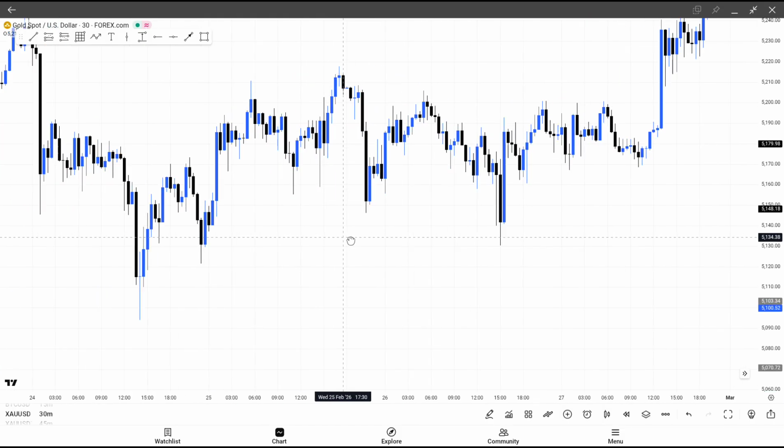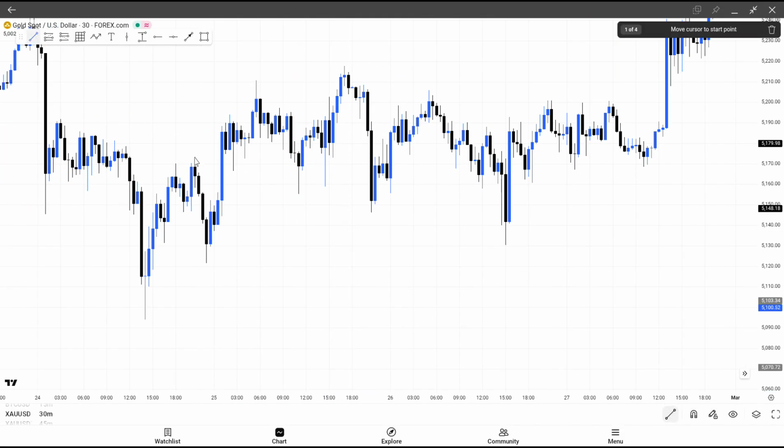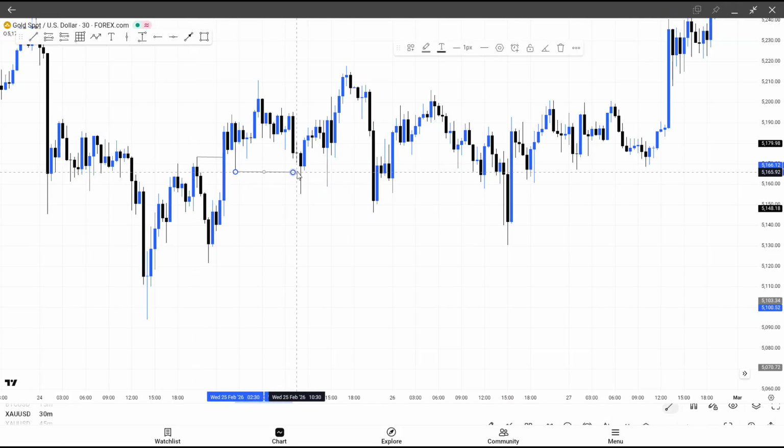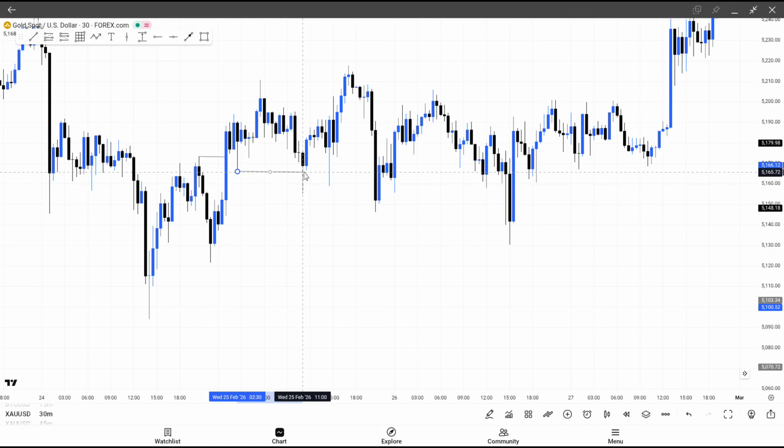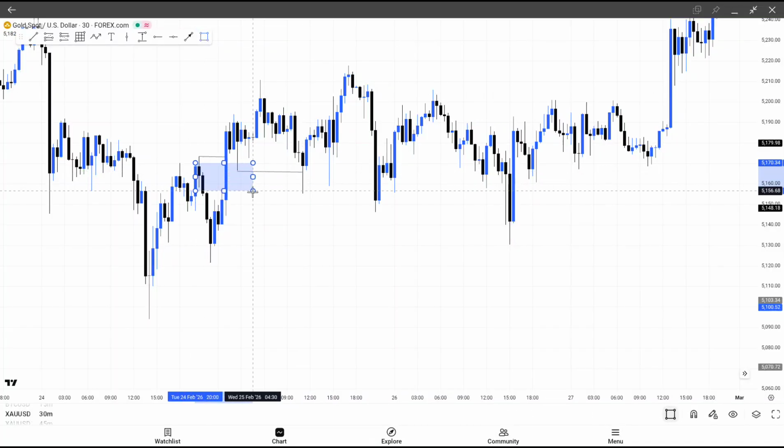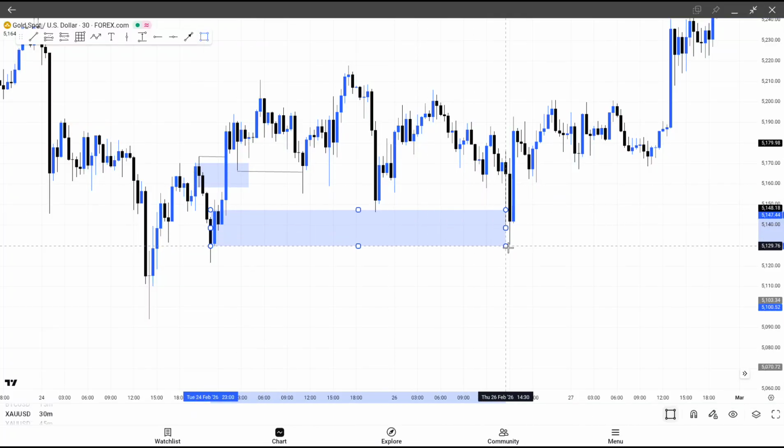For example, here we have a breakover structure. We have an inducement. How many points of interest do you have here? You have this point of interest. We also have this point of interest here.